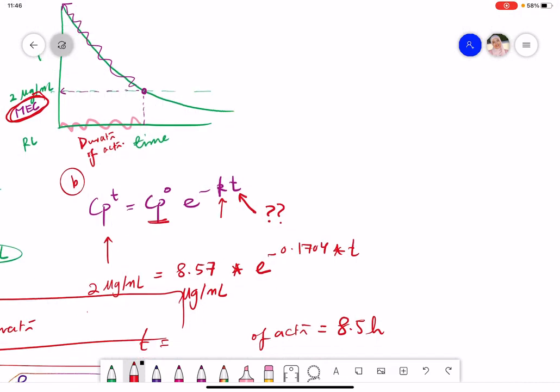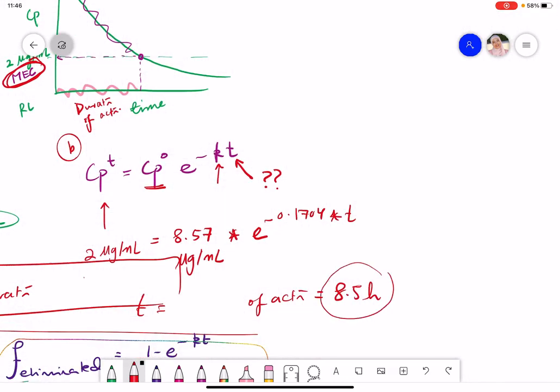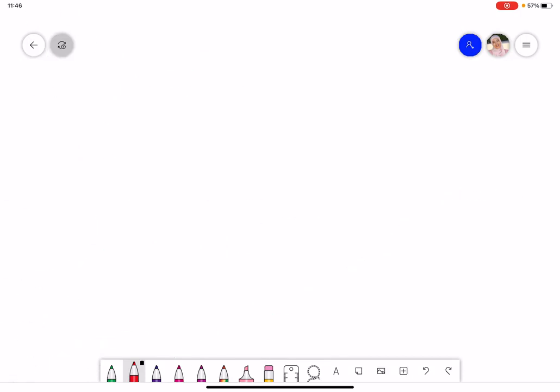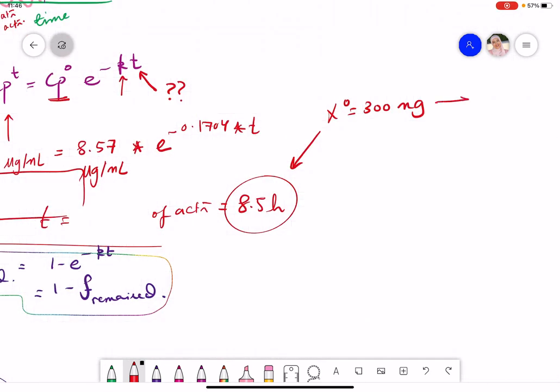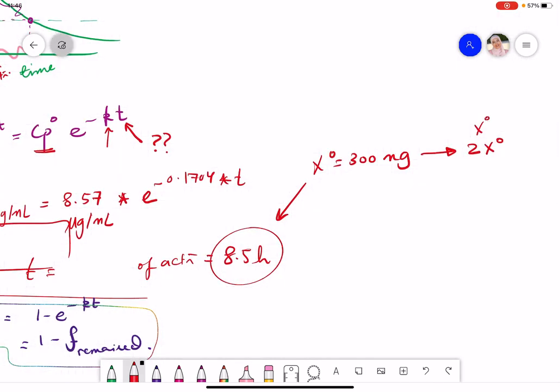Our duration was 8.5 hours with a dose of 300 milligram. What would be the increase in the duration of action if I doubled this dose? So I'm doubling this dose, my new dose. Let's call it X02.